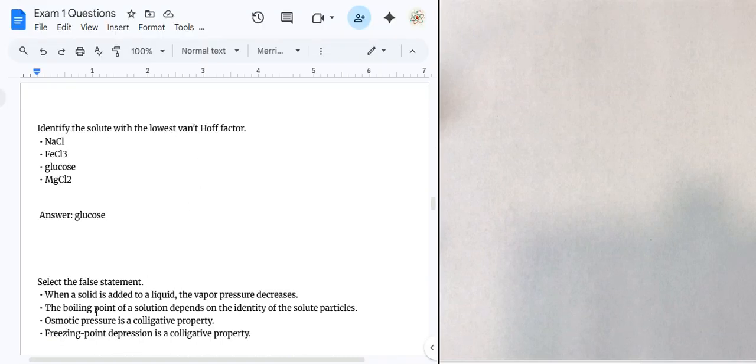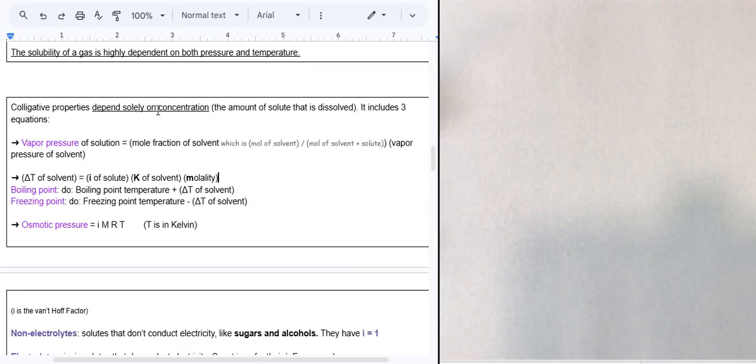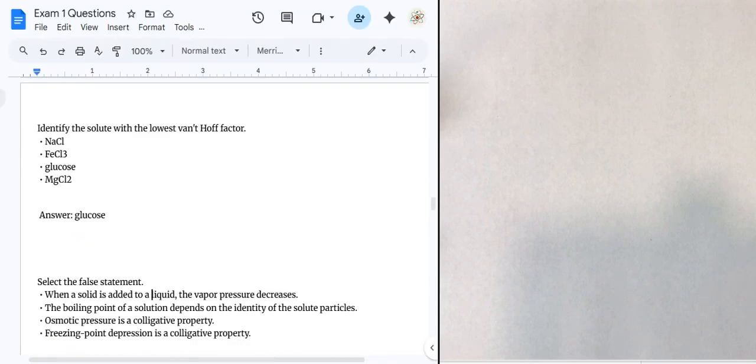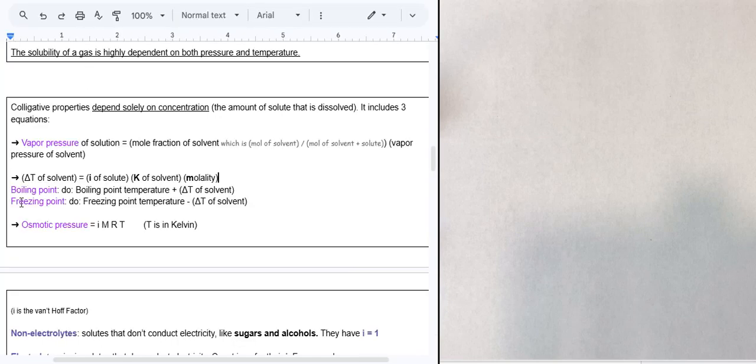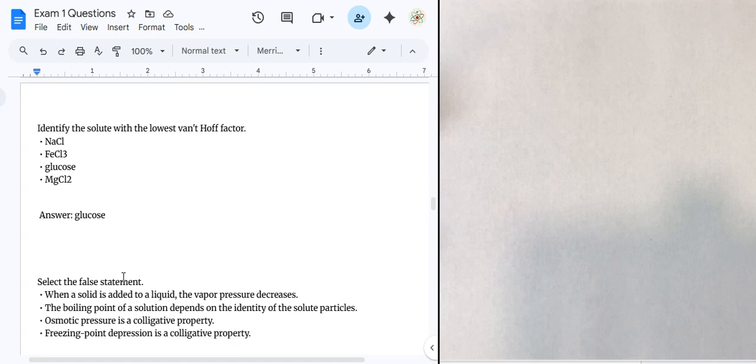So boiling point, a colligative property, doesn't depend on the identity of anything. It only depends on concentration. And osmotic pressure and freezing point are 2 of the other colligative properties.